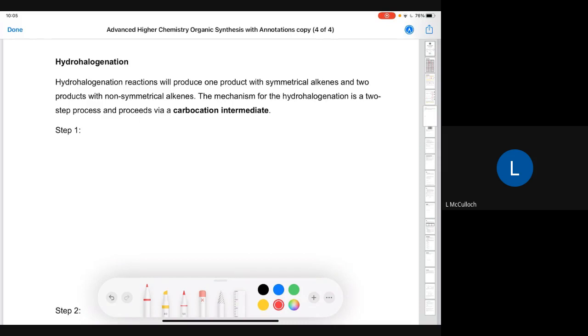So I'm going to draw this out, and then I'm going to go back and put in little coloured dots showing electrons so that we can see how the electrons are moving, and then I'll get you to copy it in. Okay, so I'm going to look at the reaction between 2-methylpropene and hydrogen fluoride.